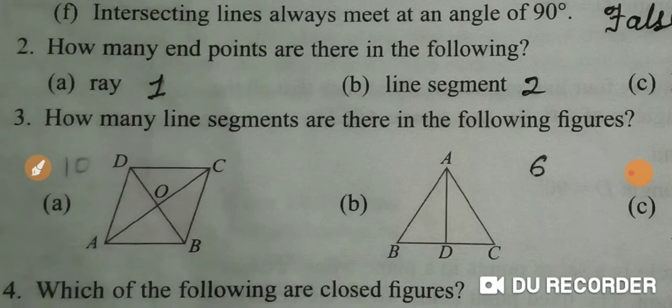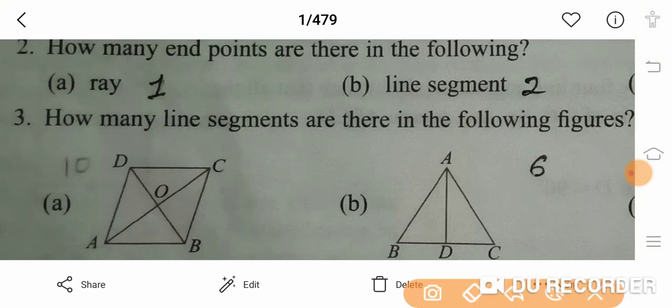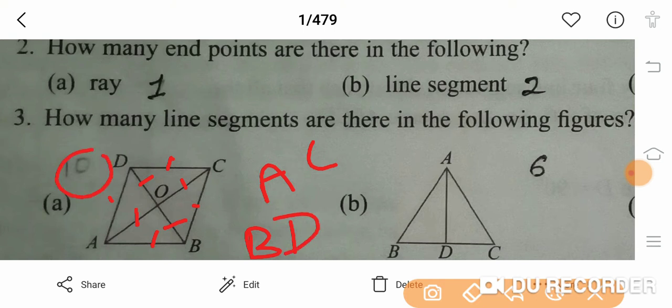If you want to find out, you can see here: AD is 1, DC is 2, and so on, 1, 2, 3, 4, 5, 6, 7, 8. But AC is the 9th and BD is the 10th. So in total, 10 line segments are present.